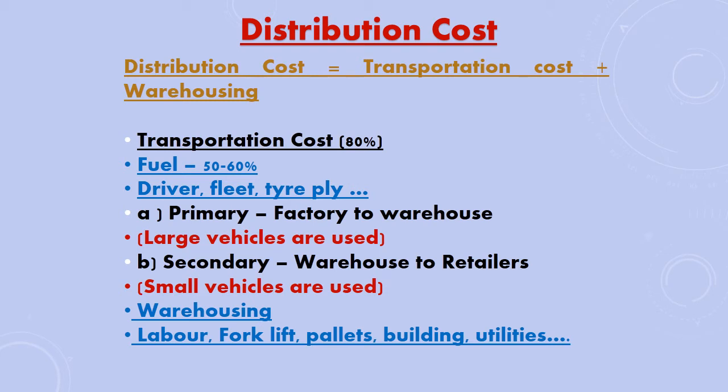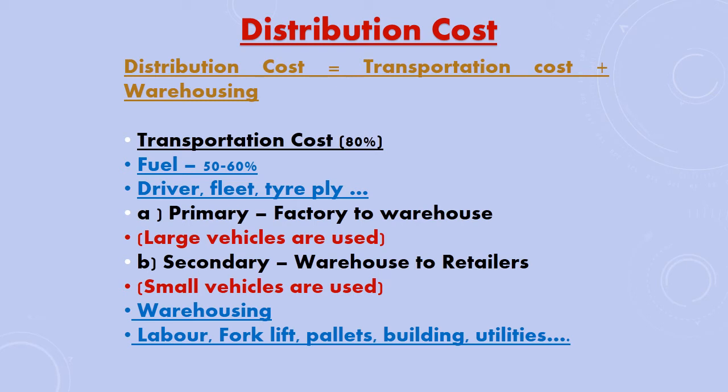If I talk about the warehousing cost, the largest capital cost is basically the building cost. This is called space cost, you can say, right? So you have to efficiently utilize the space, I mean the warehouse, so that per pallet, per bag, or per package cost should be at the minimum.